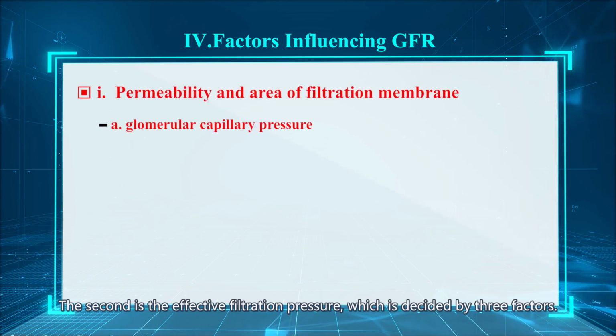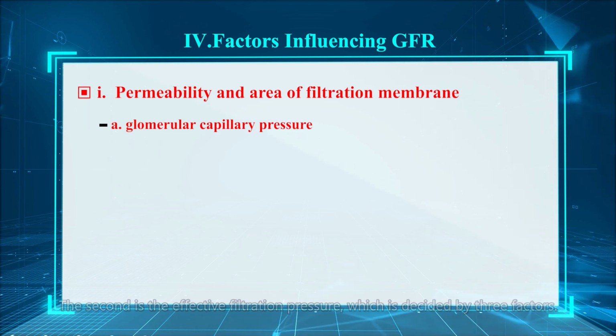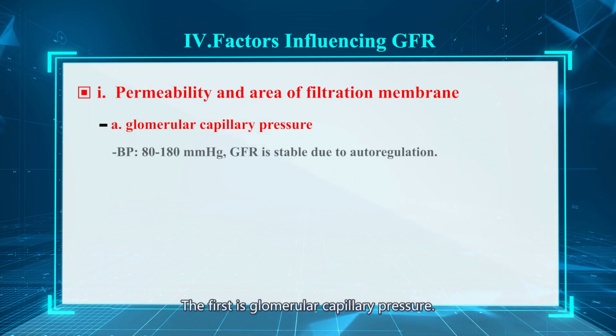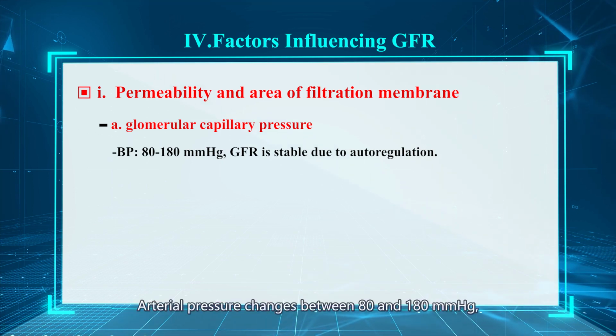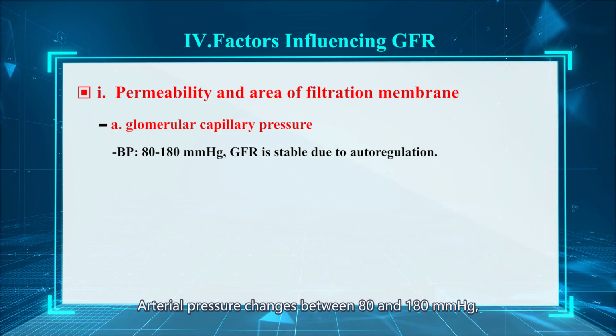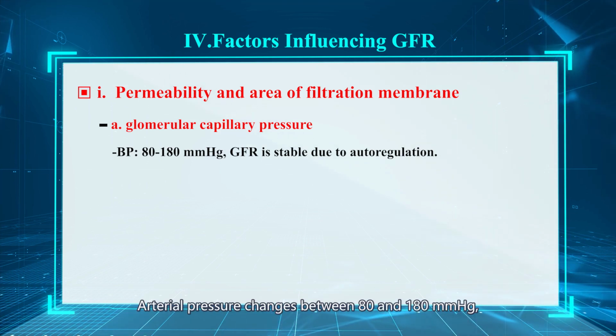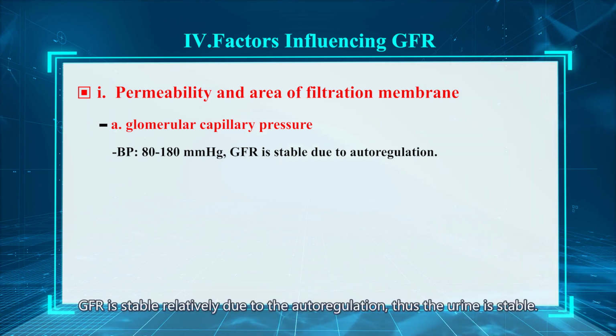The second is the effective filtration pressure, which is decided by three factors. The first is glomerular capillary pressure. When arterial pressure changes between 80 and 180 mmHg, GFR is relatively stable due to auto-regulation.